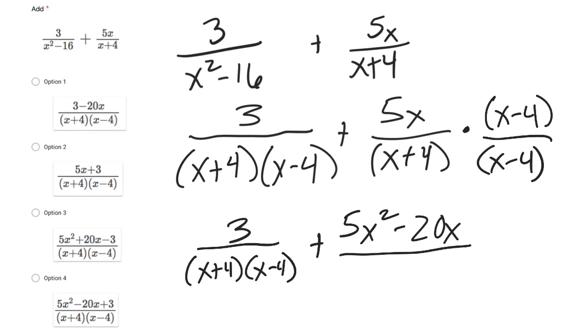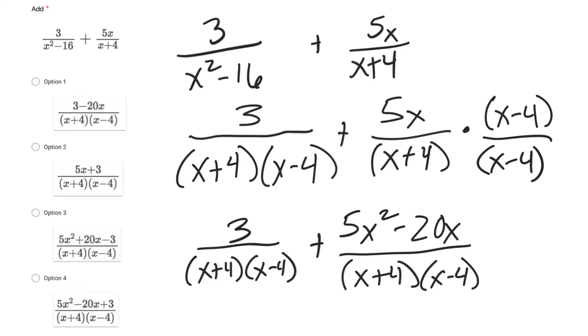And then I'm going to bring down my denominator of x plus 4 times x minus 4. So to get this value, 5x times x gave me the 5x squared. 5x times negative 4 gave me the negative 20x. And then I just had x plus 4 times x minus 4 that came down from my denominator.